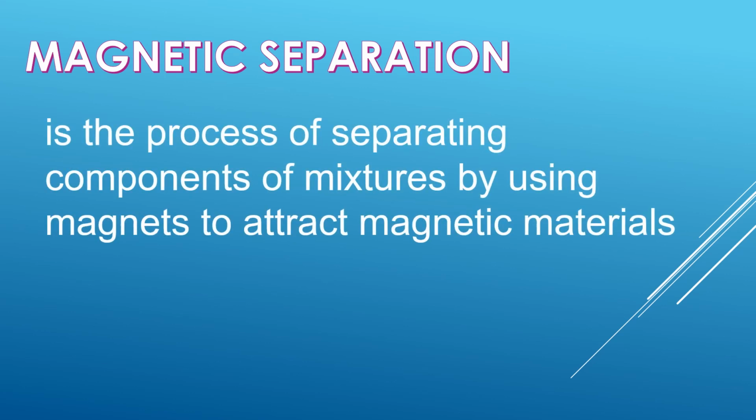Magnetic separation is the process of separating components of mixtures by using magnets to attract magnetic materials. So magnetic separation is only applicable if you want to separate a magnetic material from a non-magnetic material, or metals from non-metals.